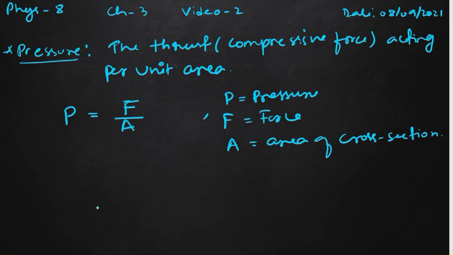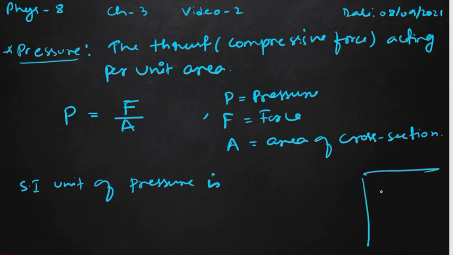Now we will see the SI unit of pressure. If you remember the last class, what was the SI unit of force? The SI unit of force is Newton, and similarly the SI unit of area is meter square.